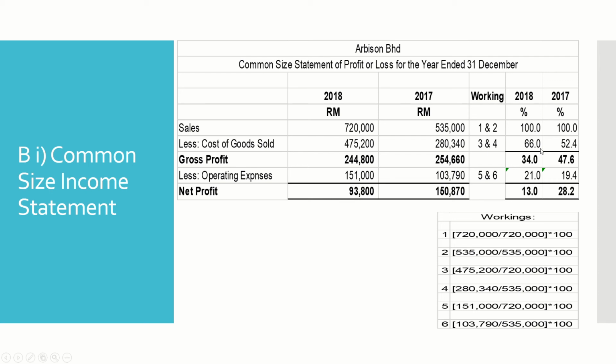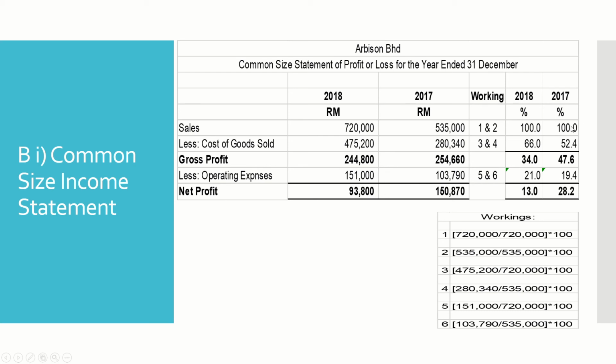For 2018, the cost of goods sold is 475,200. Divide with sale 2018, 720,000 times 100. The answer is 66%.